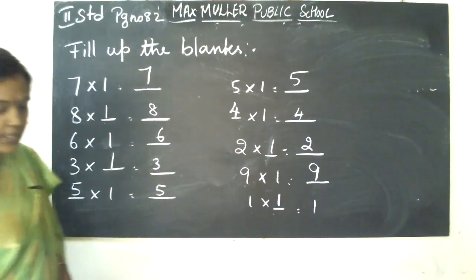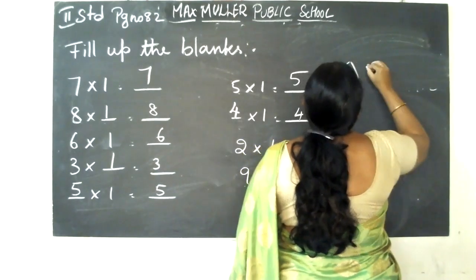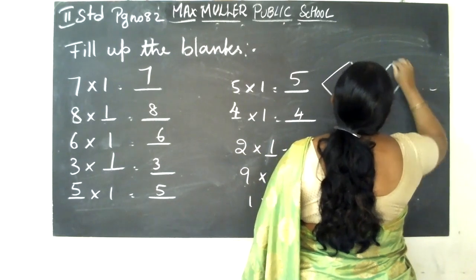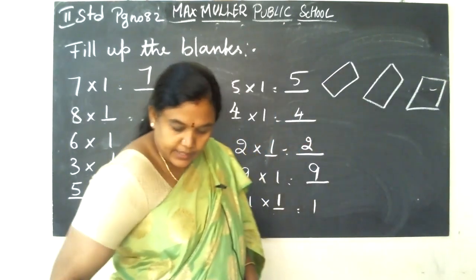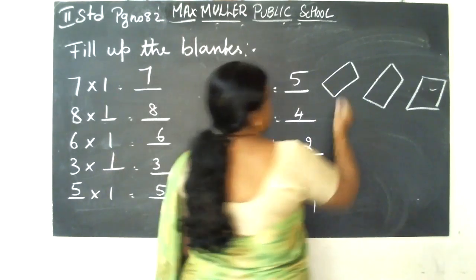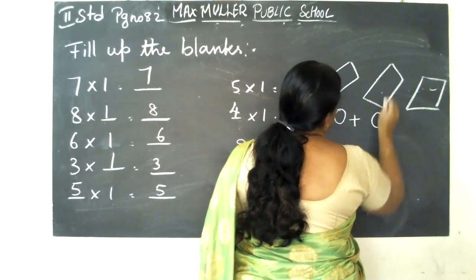See the children, there are 3 empty trays. See, in the tray nothing is there. 0. Here also, in this tray also, nothing is there.